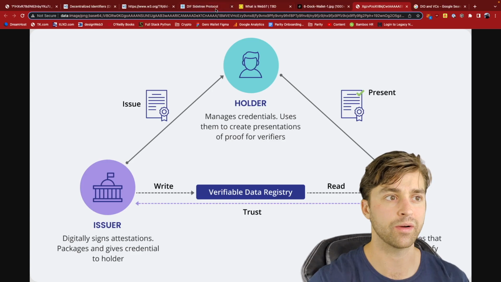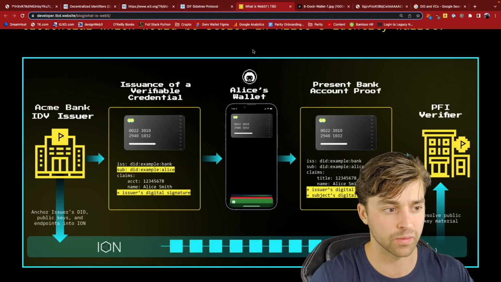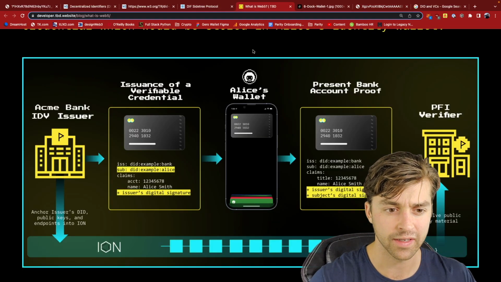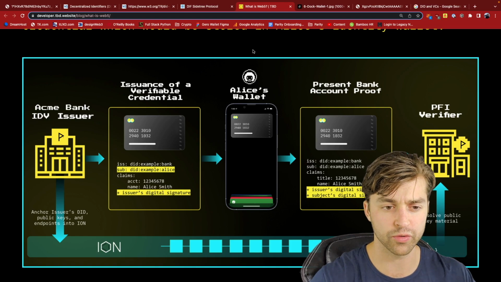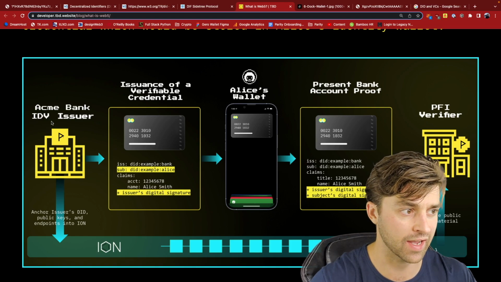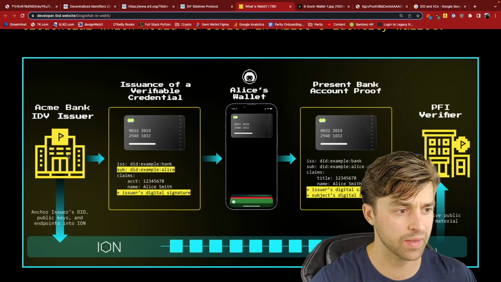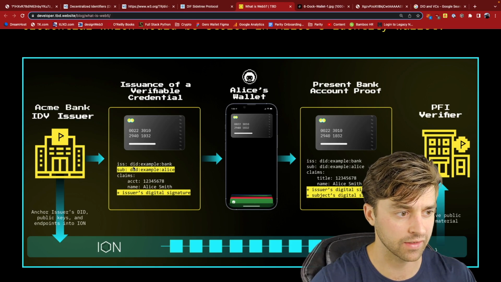So let's talk about a specific example. I want to prove that I have a bank account to Acme Bank. So Acme Bank issues me a VC.